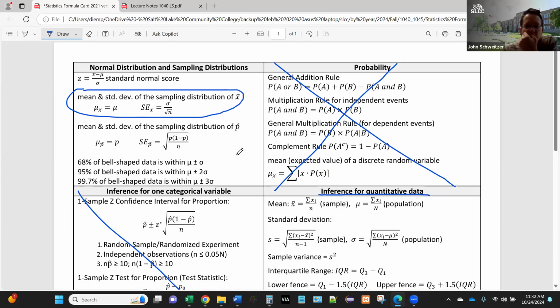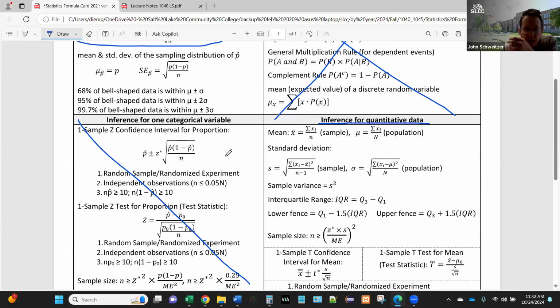So it's sort of a minimum amount of stuff you'd want to have on that exam for your formula card. Of course, you can put anything else you want on there, so I'll leave it up to you for that. Do you have any questions about the exam? If I remember correctly, I think there's about 12 questions. Just plan on 12 to 15 questions, 2 hours for it, and you can bring any calculator you want.